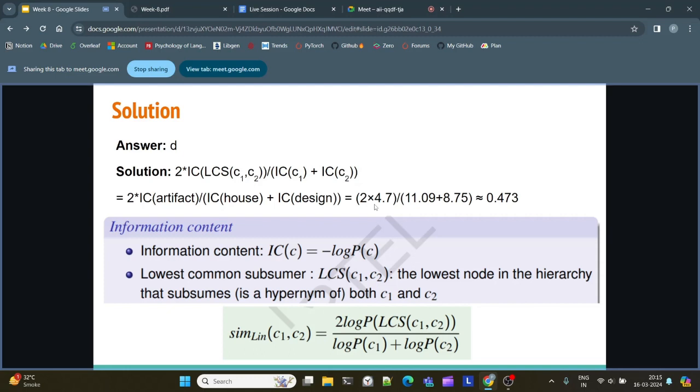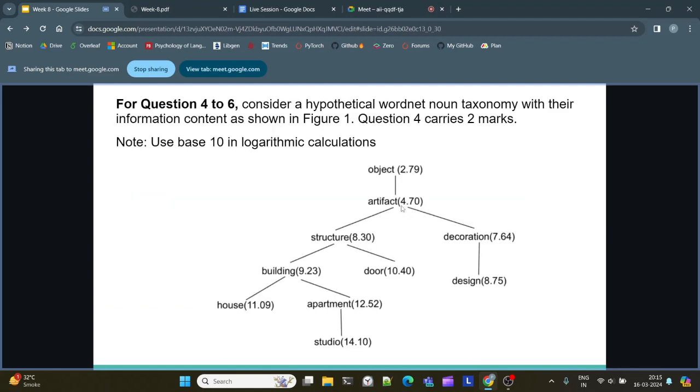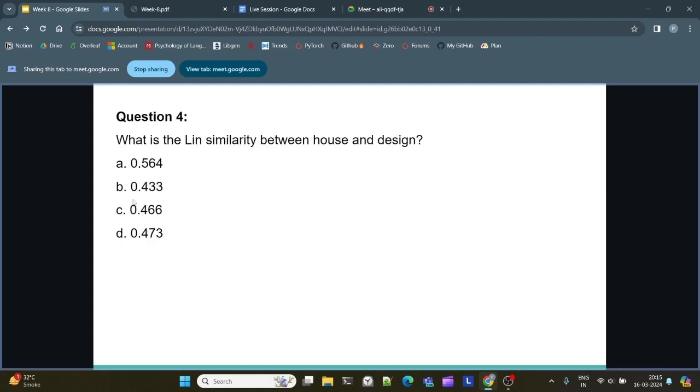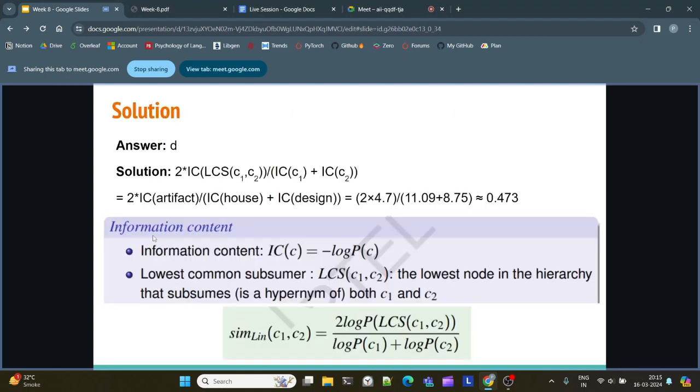Then we simply plug in the values from the WordNet taxonomy: 2 times this divided by this plus this. So we get approximately the value of 0.473. That's the answer. Does anybody have any doubt in this?